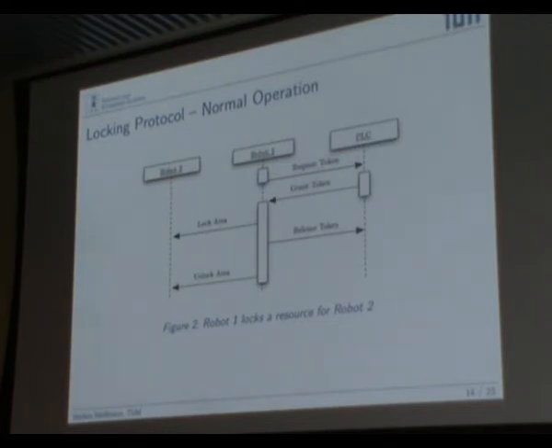So when no one else has the ball or this token, then robot 1 will get it, and now it's allowed to change the locks, if of course no one else has taken the lock. So if it's free, it can lock the area that it shares with robot 2, then it can give the token back to the PLC, and sometime later when it has moved out, it will unlock the area. So what went wrong?